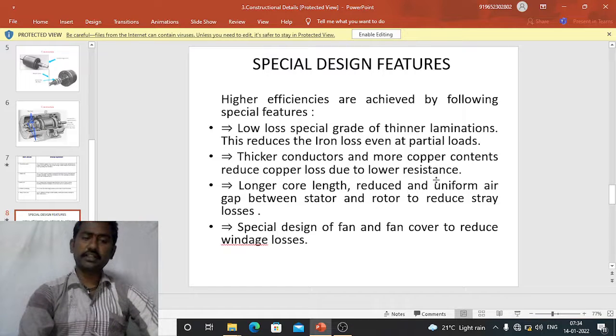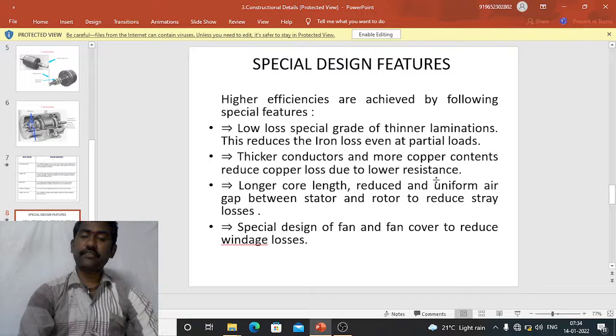And special design features, higher efficiencies are achieved by following special features. What are those special features? Low loss special grade of thinner laminations reduces the iron losses even at partial loads. Thicker conductors and more copper content reduce the copper loss due to the lower resistance. Longer core length and a uniform air gap between the stator and rotor reduce the stray load losses.